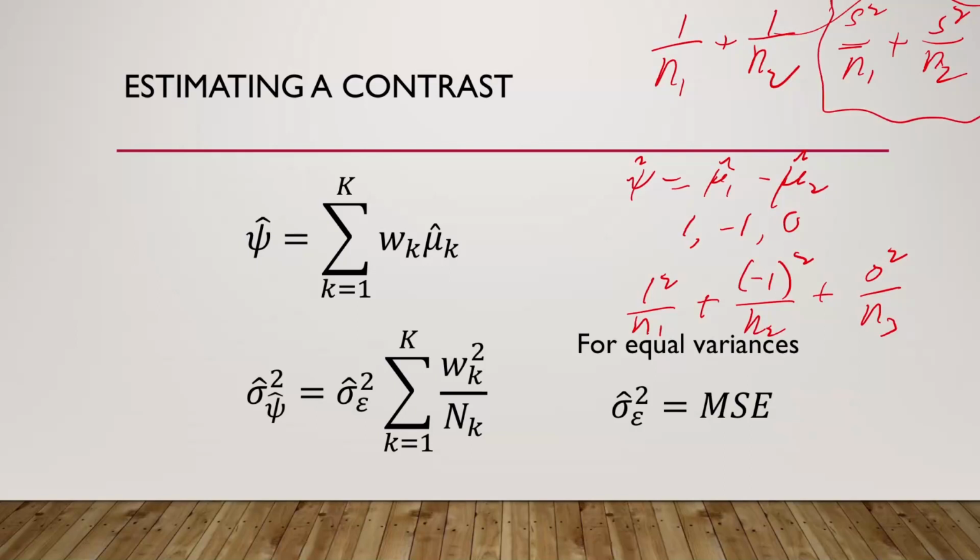So this is the same formula that we had when we did two means, when we were first learning about such things as the two-sample t-test. That's how we were calculating the variance. So even though we've introduced this new contrast notation, nothing much has changed here.